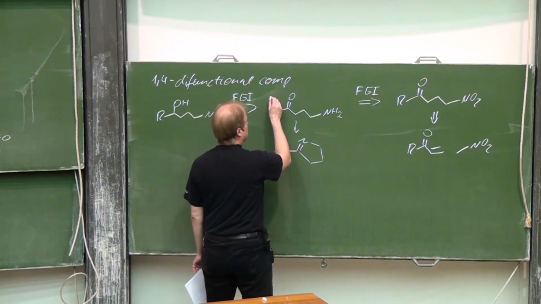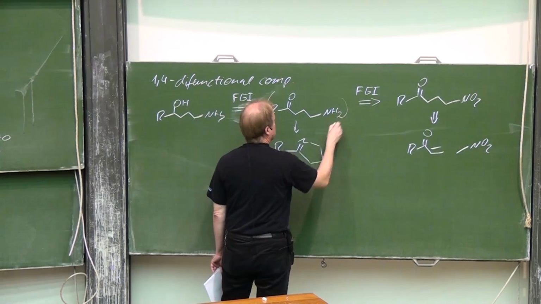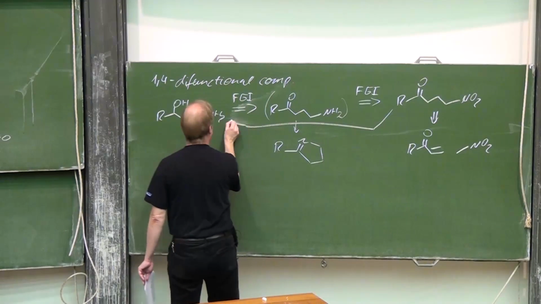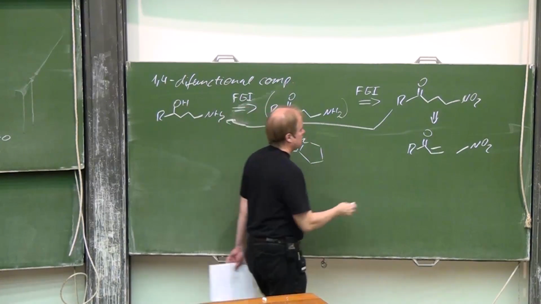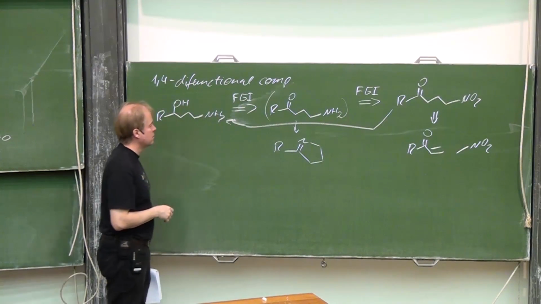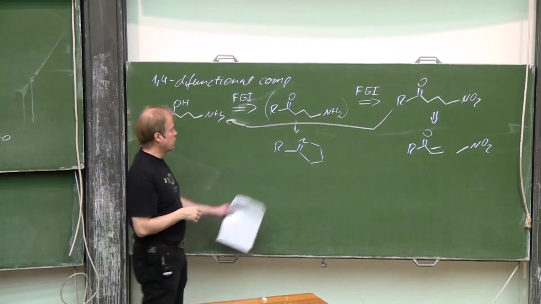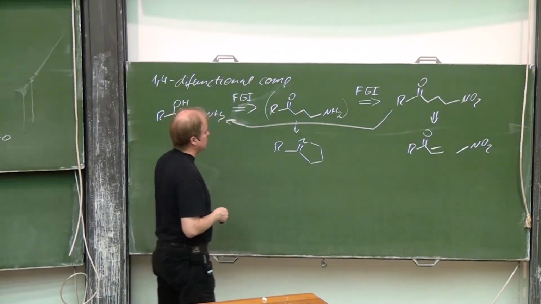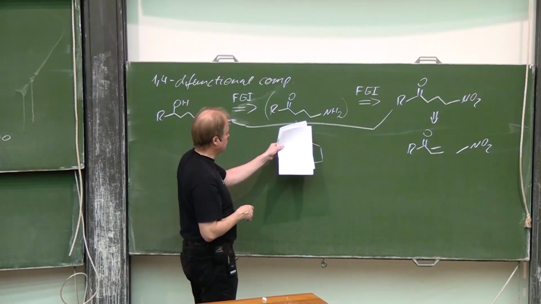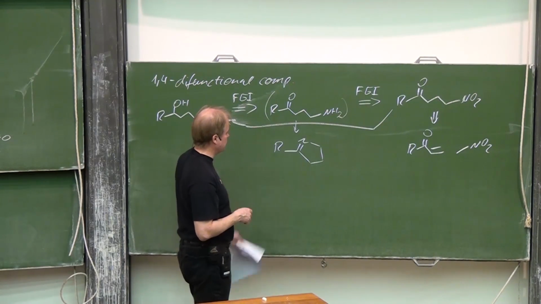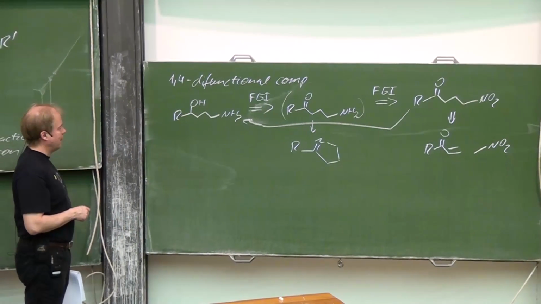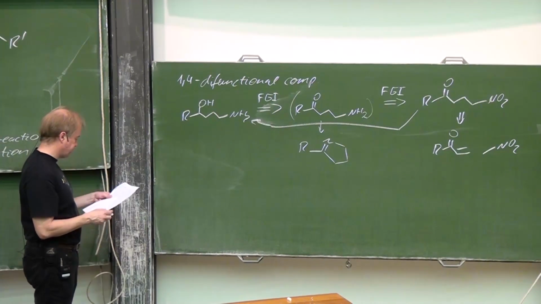And I think hopefully it should be possible to directly reduce this to the amino alcohol without having to isolate those, and if a reduction is faster than that condensation process, you have good chances to get to that product.